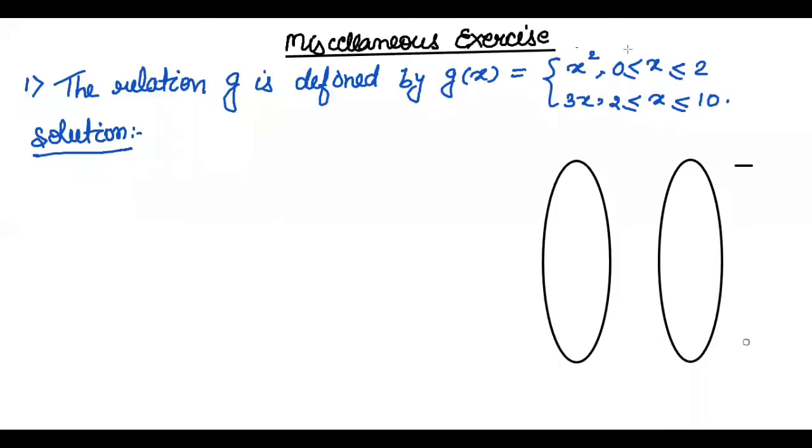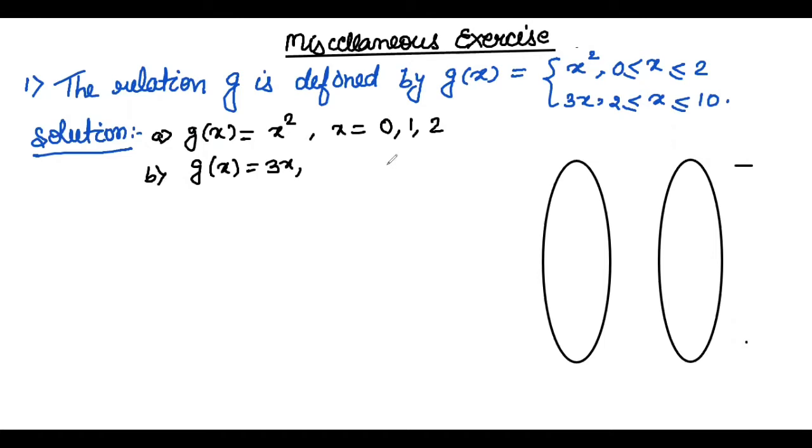Now, g is defined by g(x) equals x square when x equals 0, 1 and 2. And the second is g(x) equals 3x when x equals 2, 3, 4, 5, 6, 7, 8, 9 and 10. So one by one we will find out.